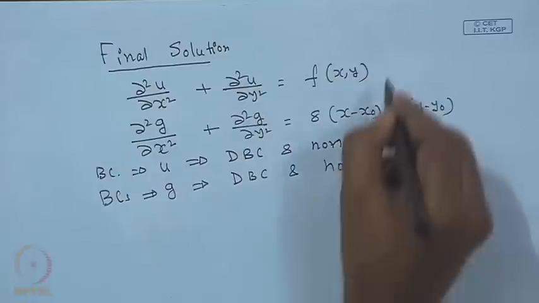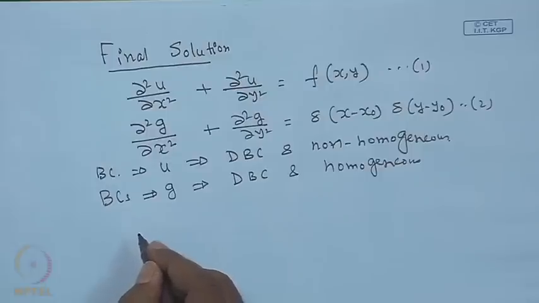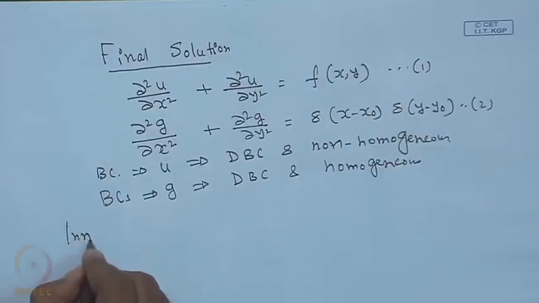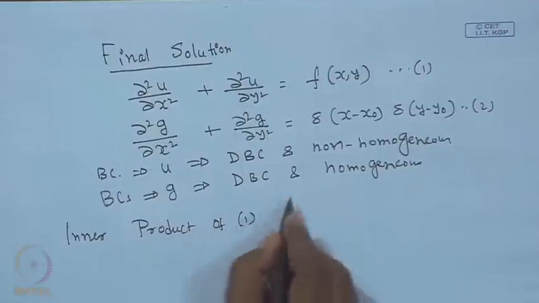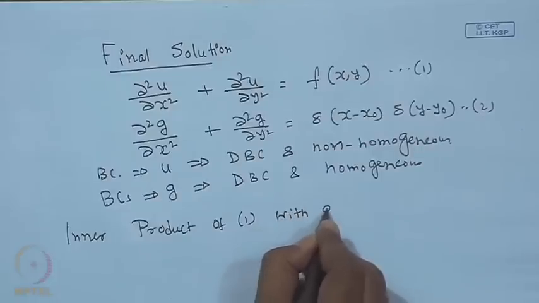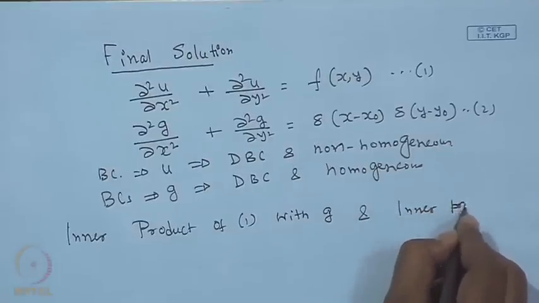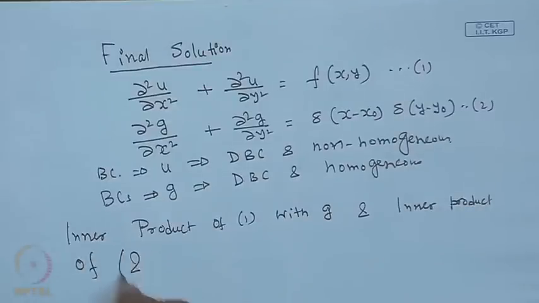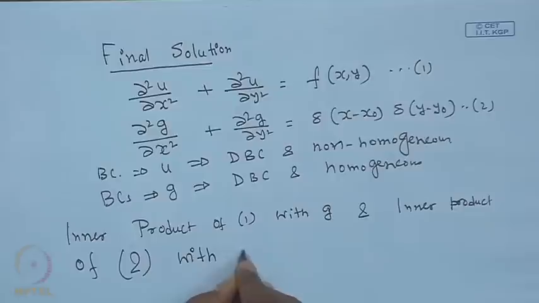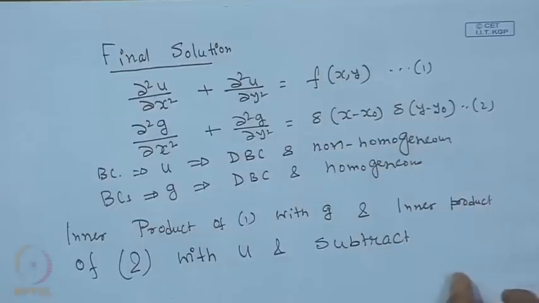This is equation 1, this is equation 2. We take the inner product of 1 with G and the inner product of 2 with u and subtract, and let us see what we get.